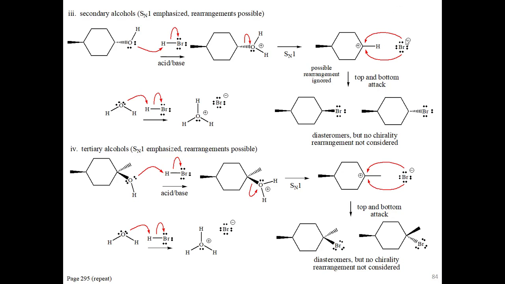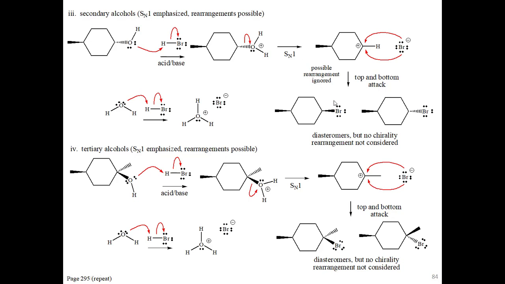The bromide can add from the top or the bottom, because remember SN1 is the major product. So if I add from the top or the bottom, would it be different? Well, it is different because I put this methyl over here as a marker on the top. If I didn't have this methyl here, adding from the top or the bottom would be identical.